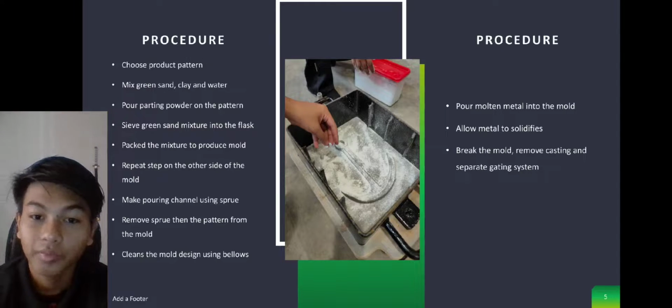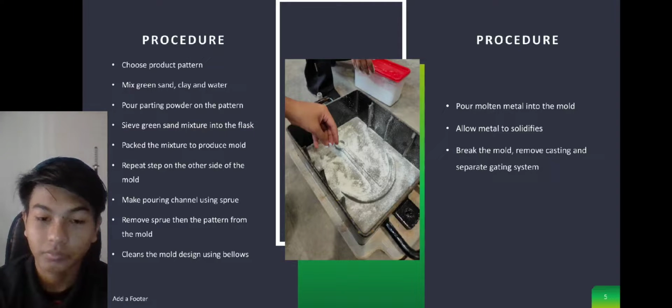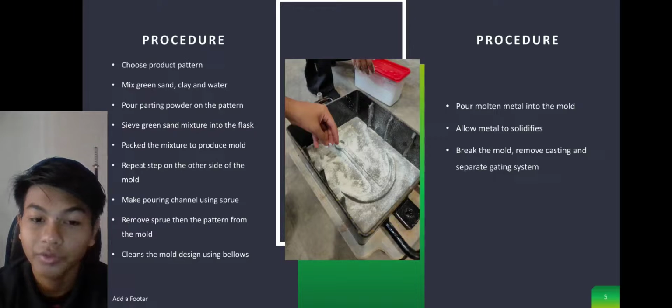Make a pouring channel to the outside of the mold using a sprue. Next, we also have to remove the pattern model from the flask. The next step, remove the sprue slowly from the mold. Next, clean the sand in the design on the mold using fireplace bellows.